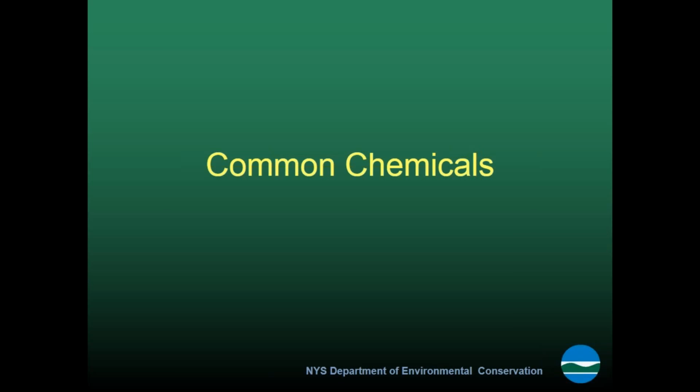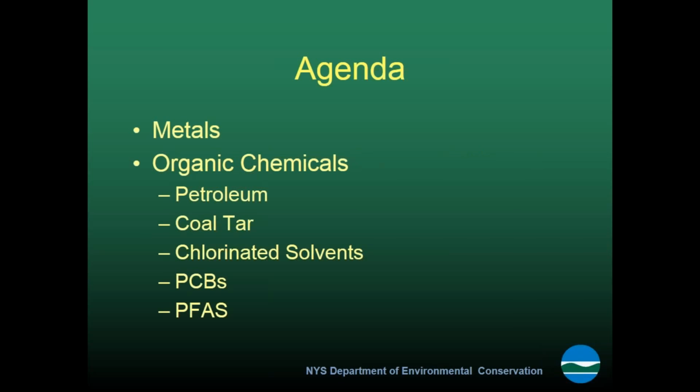Okay, I'm basically going to run through some of the common chemicals that we're going to see at remediation sites. Definitely a broad brush review of that topic. We'll start out looking at the inorganic chemicals, particularly metals. I wanted to start with those because we very often overlook them and focus just on the organic chemicals.